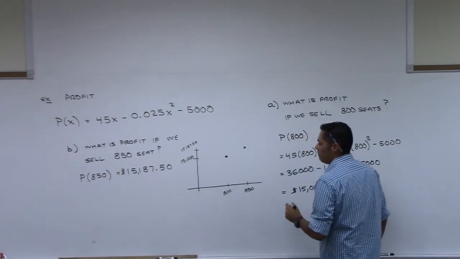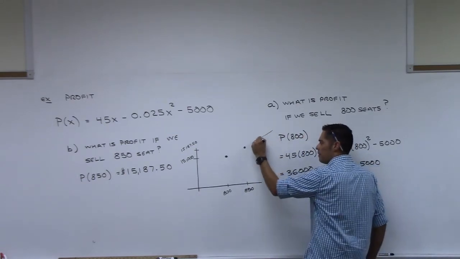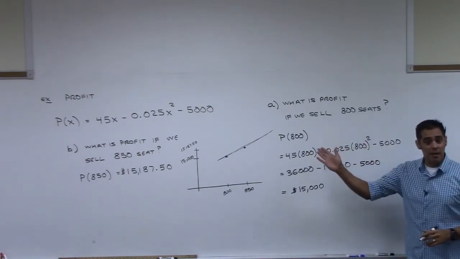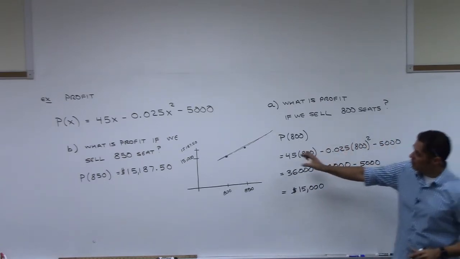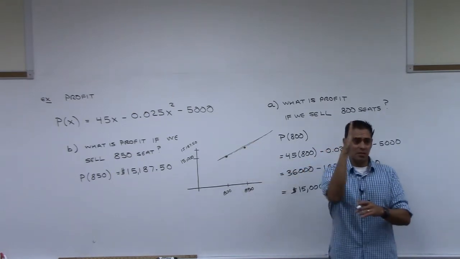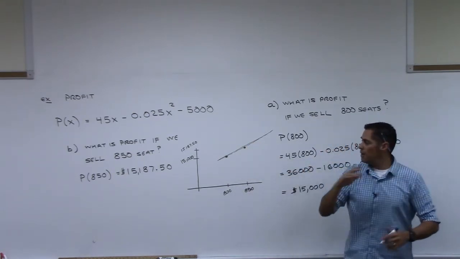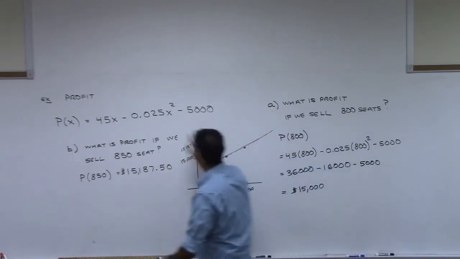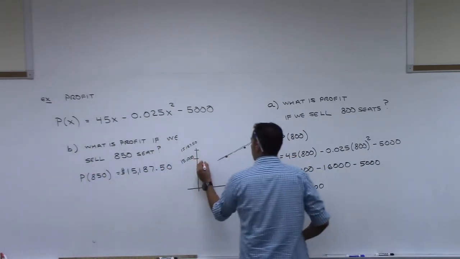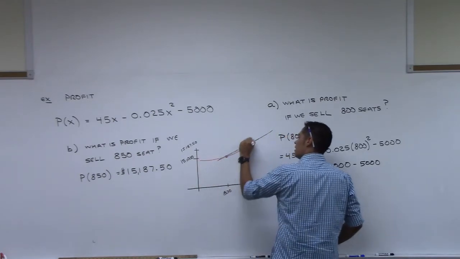So what we have found is we could connect those two points with a line, and this distance divided by this distance would give us the slope of that line, wouldn't it? But there's a graph, because this is a function. It's a parabola, and it goes like this.